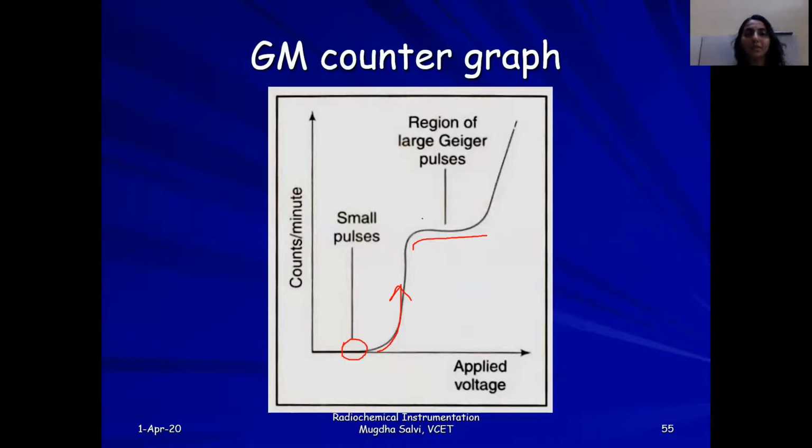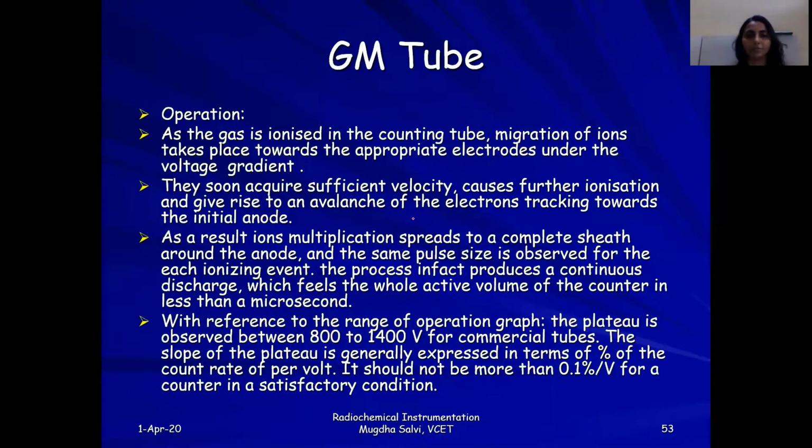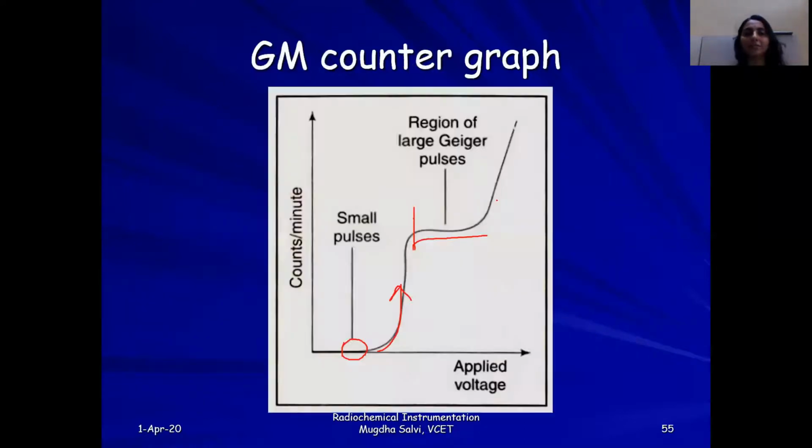So usually the operating voltage of a GM counter is this, which is approximately 850 to 1500 volts. When operating in this region, it will give us constant pulses of constant height depending on the type of radiation. If the radiation changes, the height of the pulse will change, thus indicating that a different radiation has entered the GM tube.